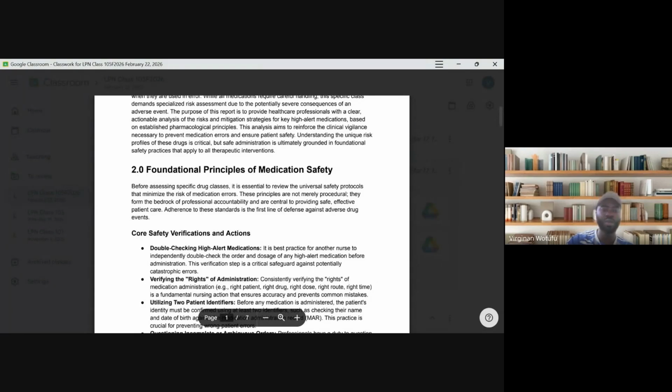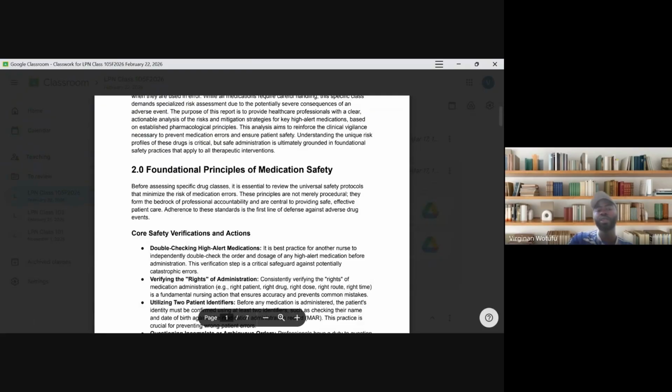You always verify consistently: you check if it's the right patient, the right drug, the right dose, the right route, and the right time. These are all fundamental nursing knowledge, and they are not supposed to ever be neglected in any aspect or at any time.